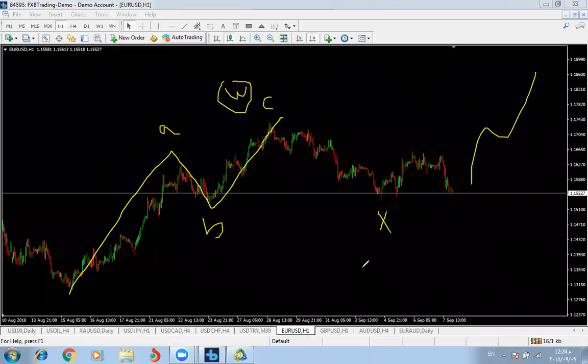But the possibility of making this leg to the upside has become very negligible because of the news on Friday. So what's the new situation we have right there? As I told you, we have to be adaptable to the market.